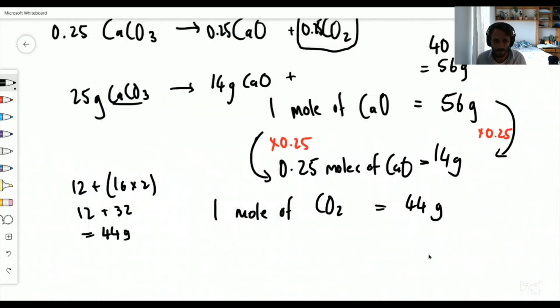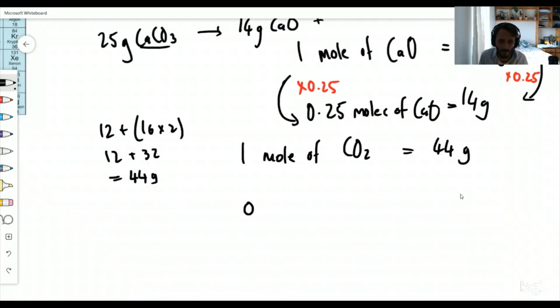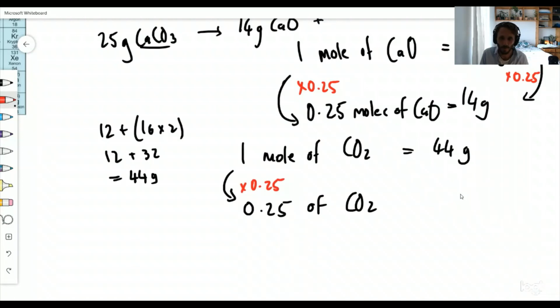So 0.25 moles of carbon dioxide. How do I get from there to there? I times by, you guys have got this now, 0.25, same thing on this side. So 44 times 0.25 gives me 11 grams of carbon dioxide. Awesome.